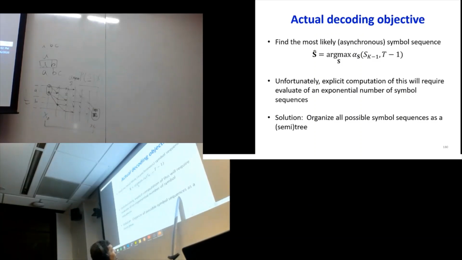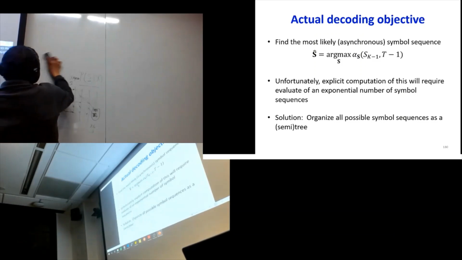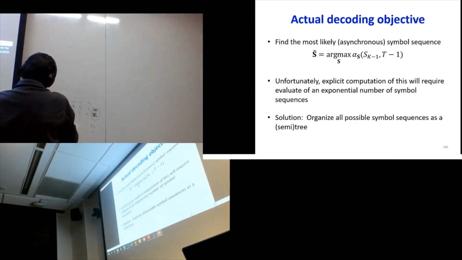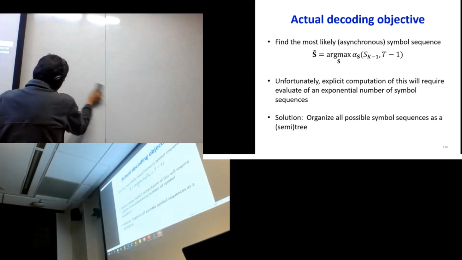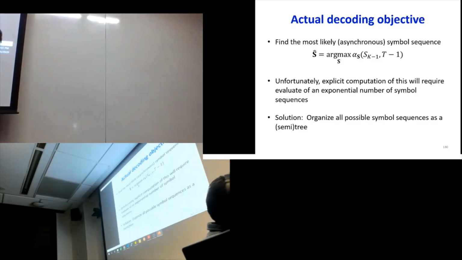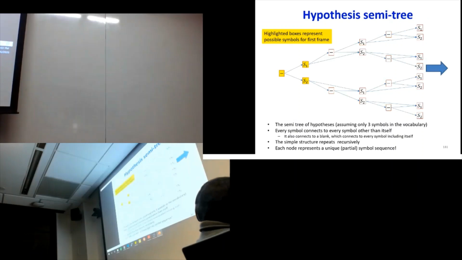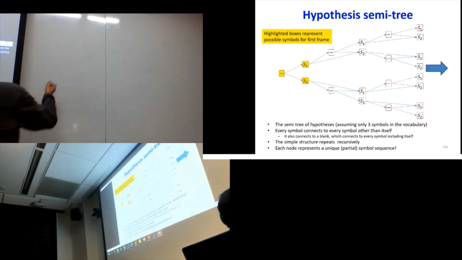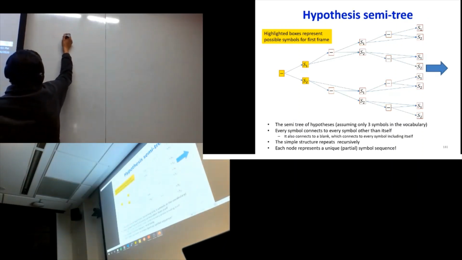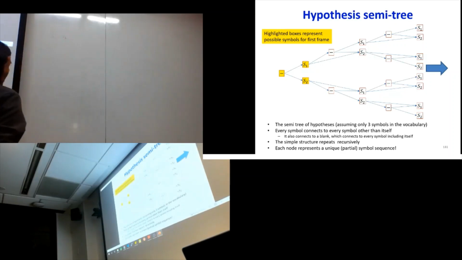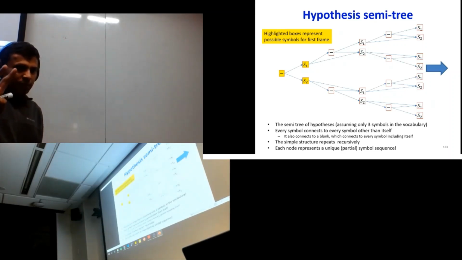And the idea is to organize all possible symbol sequences as some kind of a tree. So how exactly does that work? Consider just two symbols. Let's say I only have S1 and S2. Now, let's take a sequence of just two symbols, S1, S2.